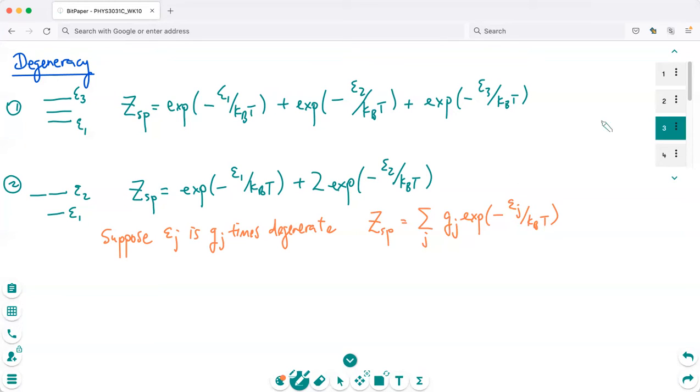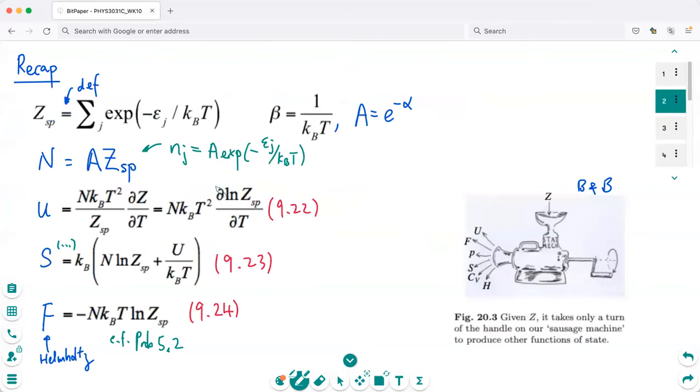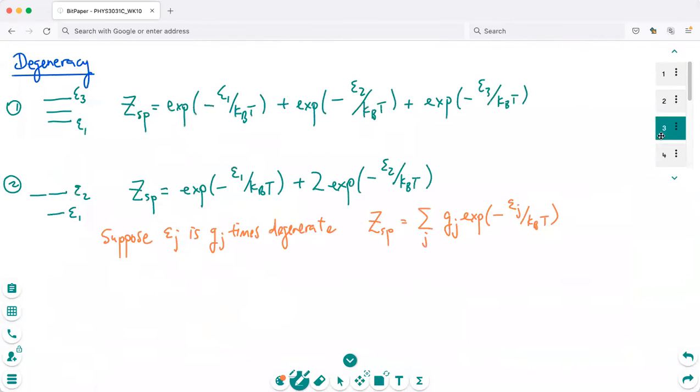The next question you will ask is, what happens to all these expressions? By the way, I forgot to mention, the red color is the equation number in my notes. So this is for your reference. So what do we do with all those expressions once we have degeneracy? Okay, let's have a look. How do you count the total number of particles?